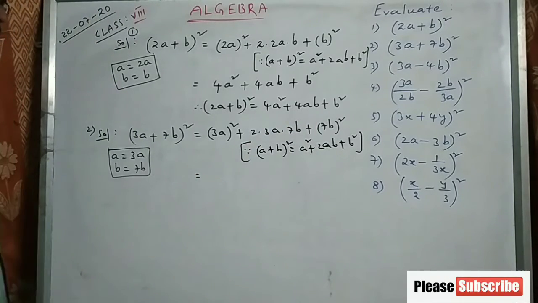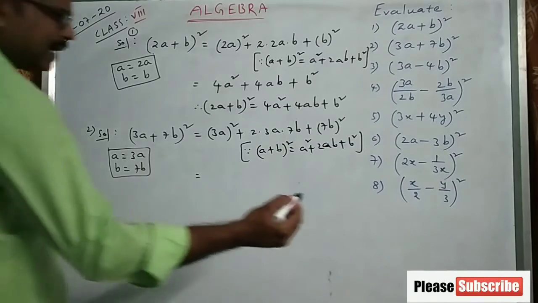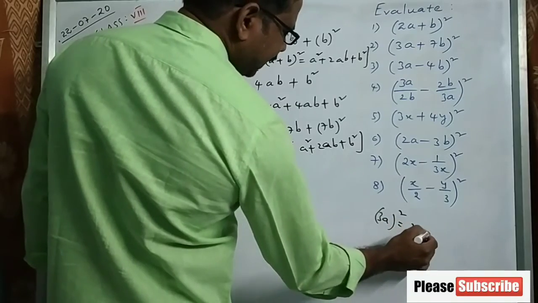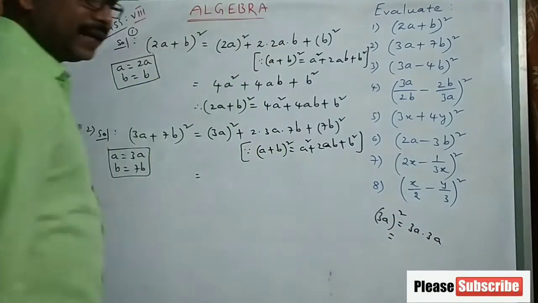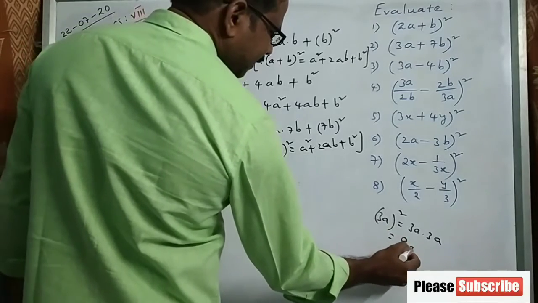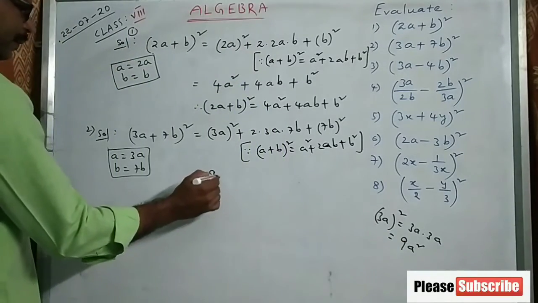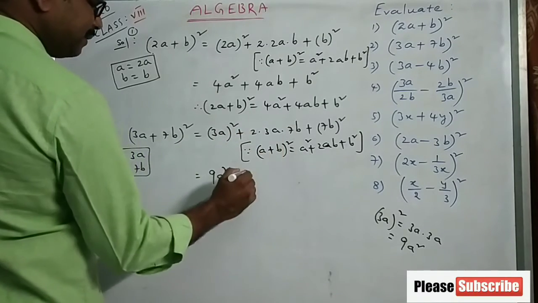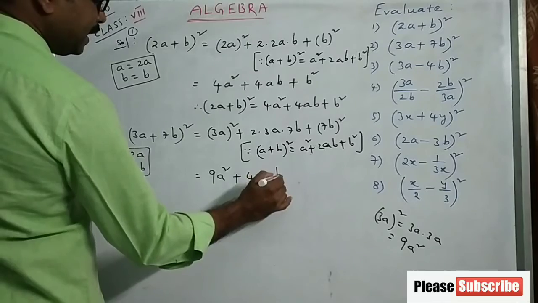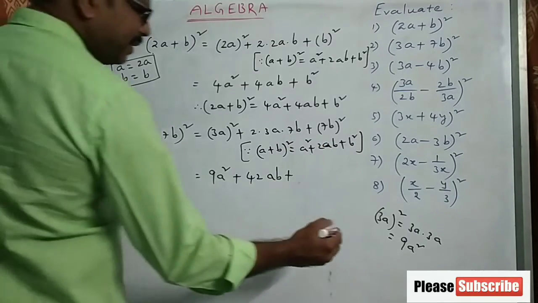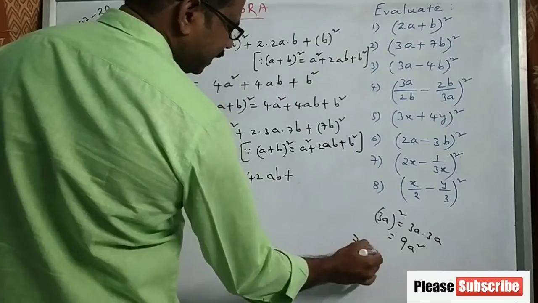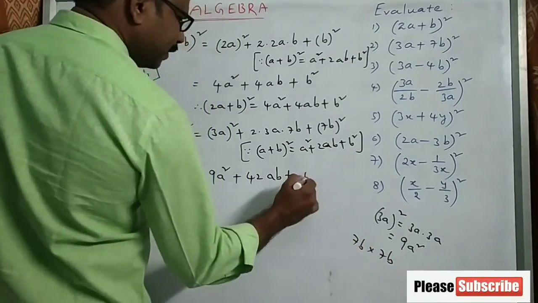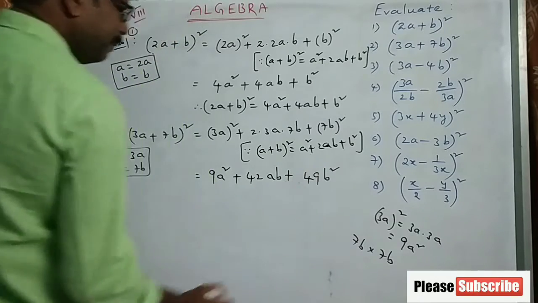What is the value of (3a) whole square? (3a) whole square means 3a into 3a, 2 times we have to multiply, right? 3 3s are 9, a into a, a square. So 9a square plus 2 3s are 6, 6 7s are 42, ab, plus what is (7b) whole square? 7b into 7b, 2 times we have to multiply. 7 7s are 49, b into b, b square.